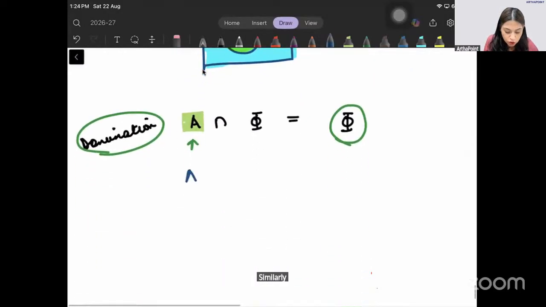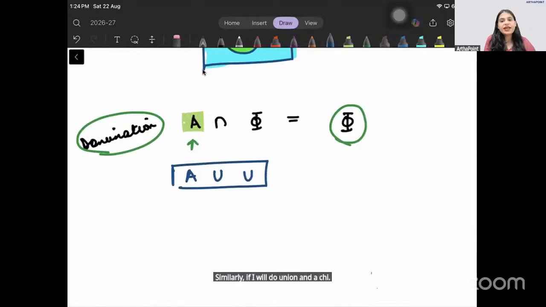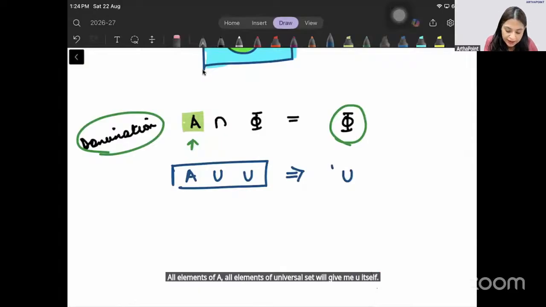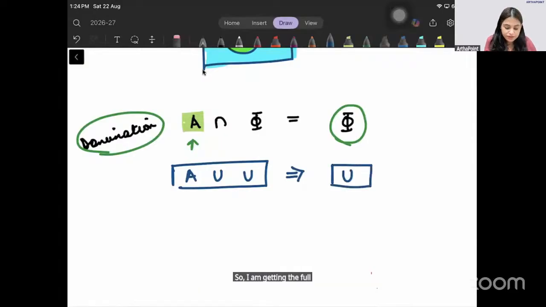Similarly, if I do the union of the universal set and A, right? U and A का union. So all elements of A and all elements of the universal set will give me U itself. So I am getting the full set. This is also a domination property.